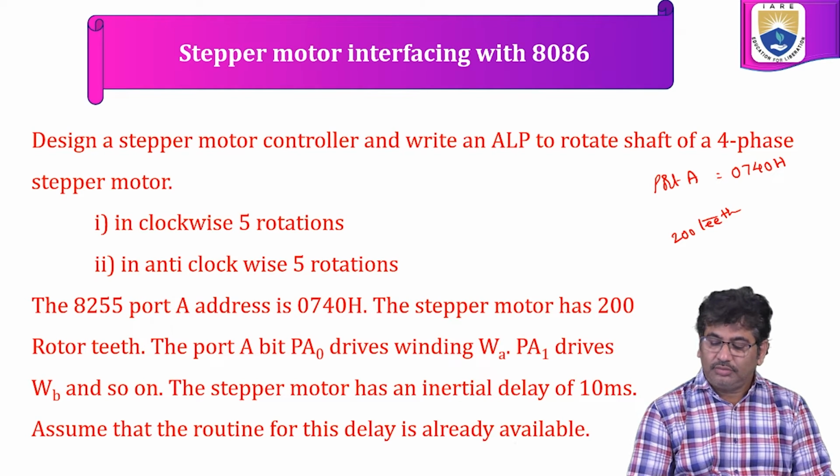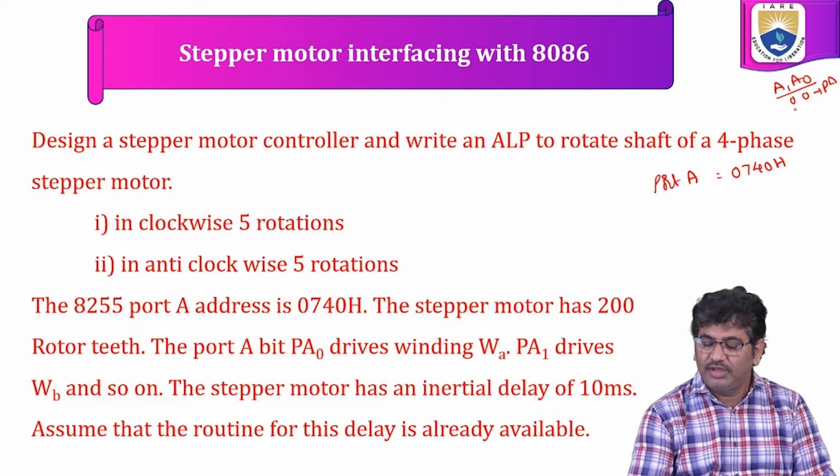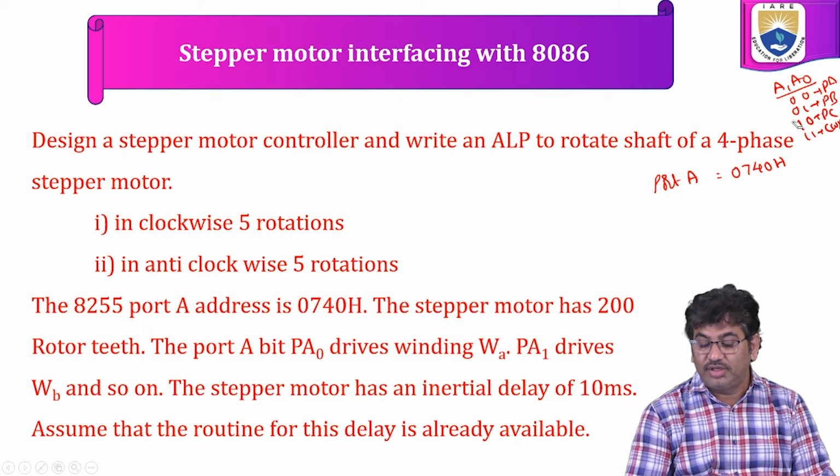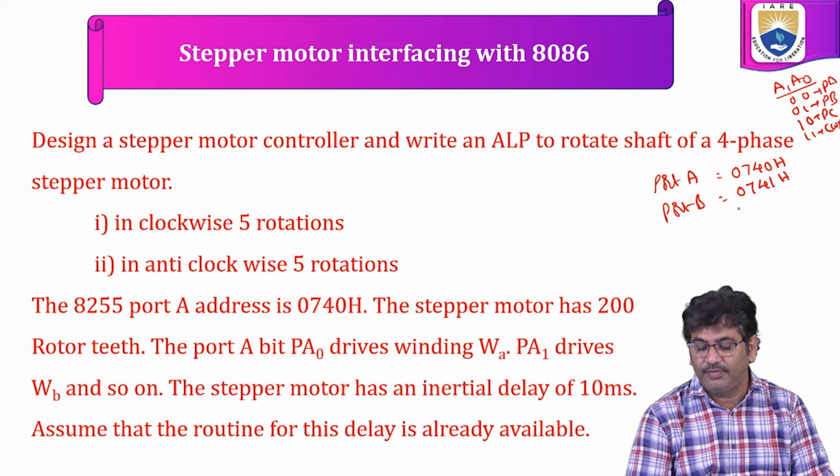Now, if the address of port A is 0740, the A1, A0 bits will decide: if it is 00, it is port A, 01 port B, 10 port C, 11 control word register. So for port A the address is 0740. For port B, the address has the last bit as 1 instead of 0, so that is 0741H.